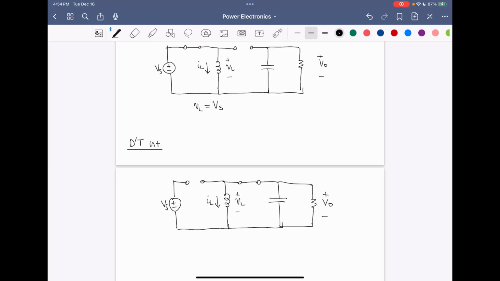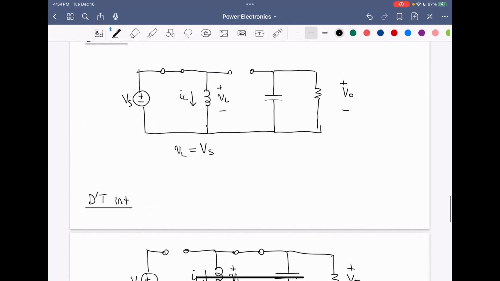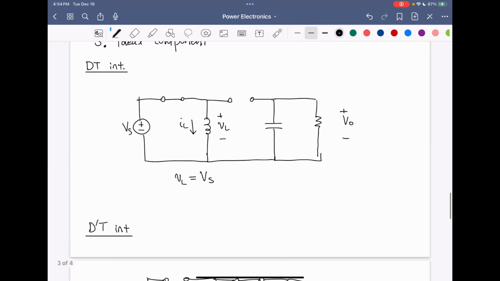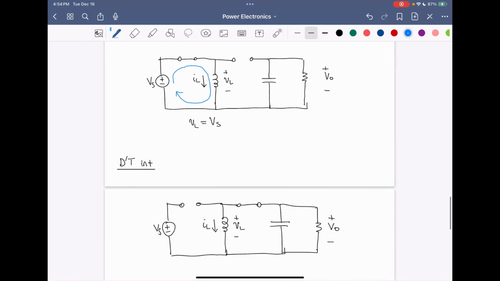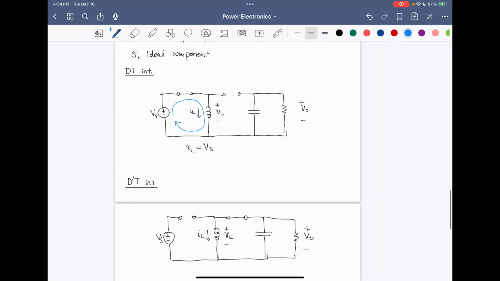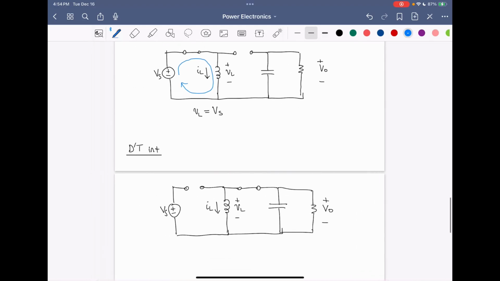The reason that the diode becomes forward biased is because in the DT interval, we have the inductor current flowing like so. However, because the inductor current cannot abruptly change, it needs to continue to flow in the D'T interval. So this means that the diode is going to conduct to provide a path for the inductor current to continue flowing in the D'T interval when the switch becomes opened.